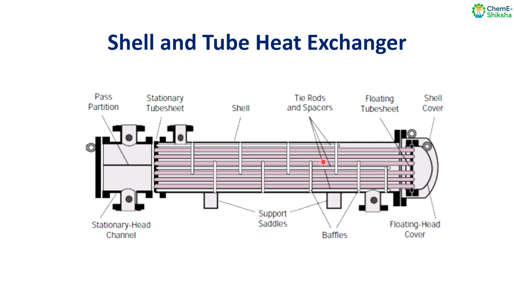Okay, they are the tie rods and spacers. We have the floating tube sheet over here, and this is the shell cover. This is the floating head cover. This is the stationary head channel, and these are the support saddles. So this is the schematic diagram of a shell and tube heat exchanger.